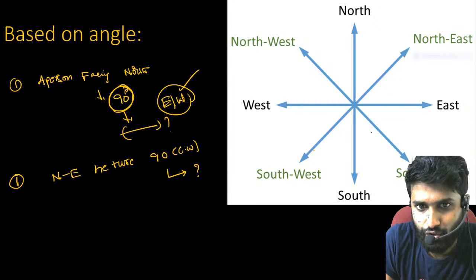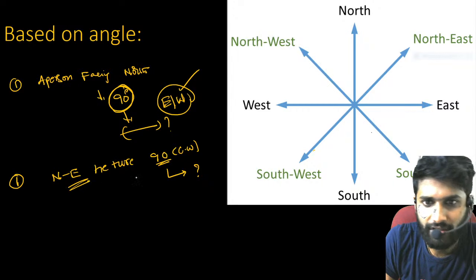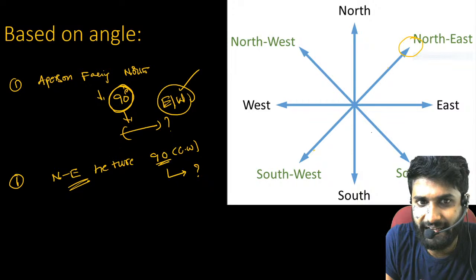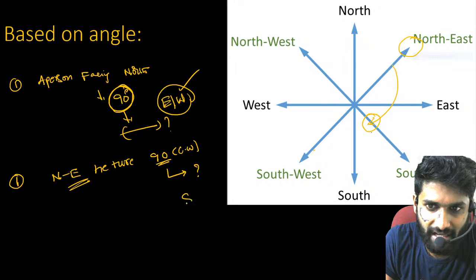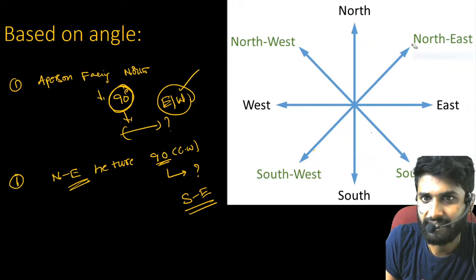According to the diagram, just go through the diagram. Initially facing northeast, so this is the northeast. From here to here is 90 degrees in the clockwise direction. Now you can choose your answer: southeast is the correct answer.